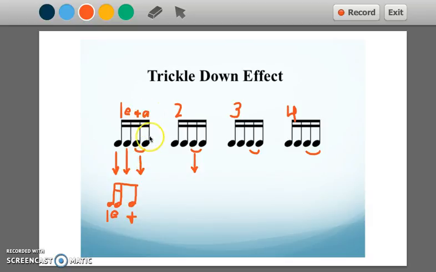The A is combined into these two notes to create that, so it's kind of hidden in there. Okay, same thing here. And we would count this 2, E, and.